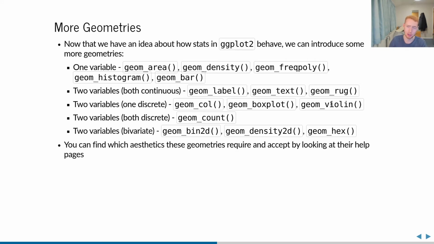Violin plots are very interesting plots. They're basically two density plots put back to back. If we have two discrete variables, then geom_count is the best one to use. That's kind of a 2D version of a bar plot.